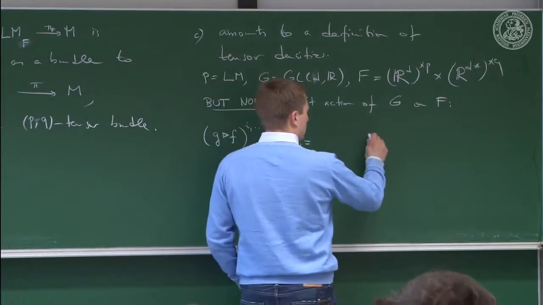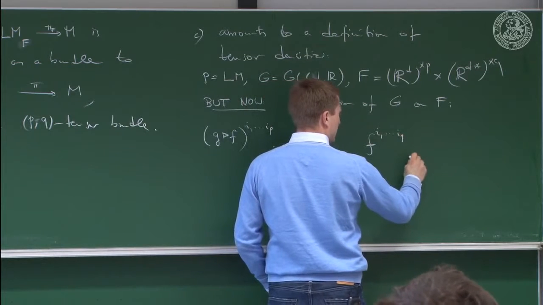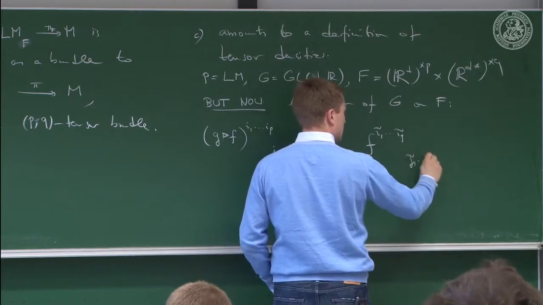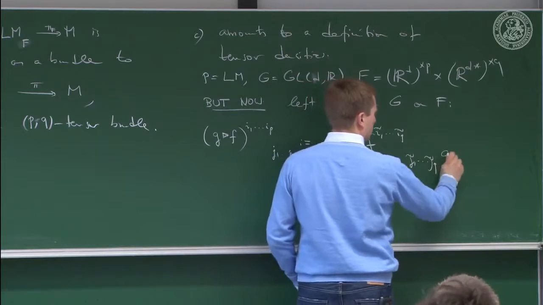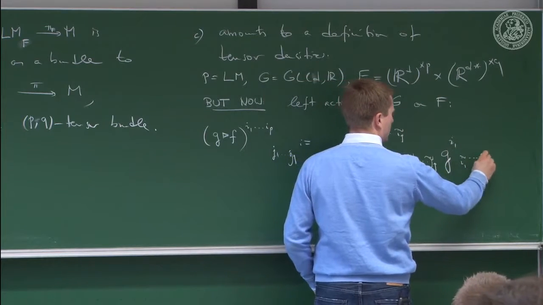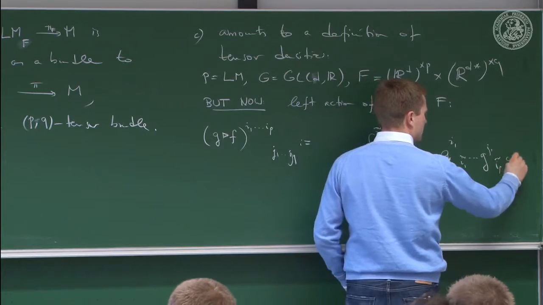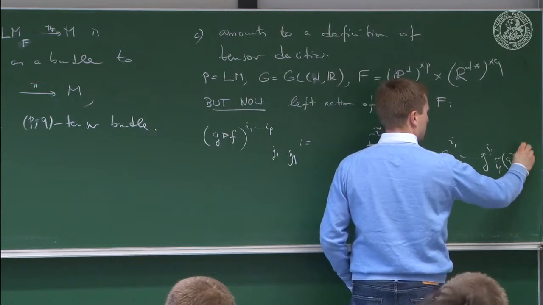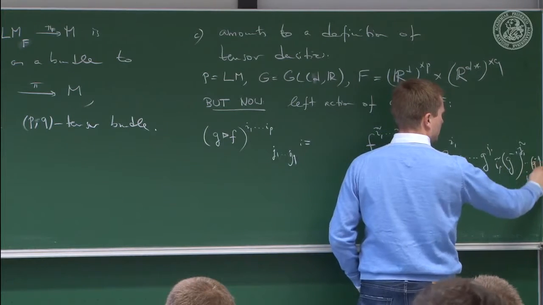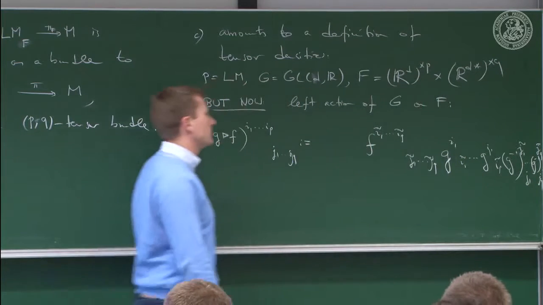And at first it looks like it's the same, as before, I1 to IP, J1 to JQ, and now we twiddle all the indices and write again G I1 twiddle to G IP twiddle, and then G inverse J1 twiddle up to G inverse JQ twiddle JQ. So that's exactly what we wrote down before.